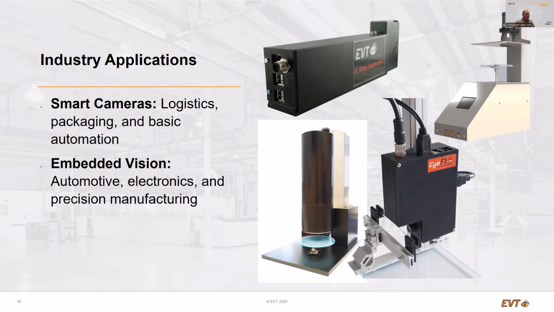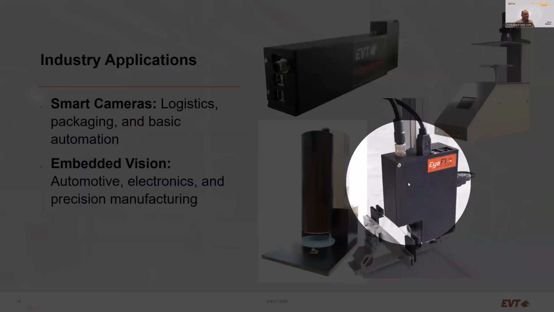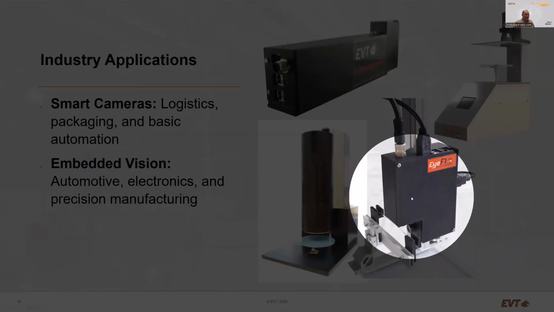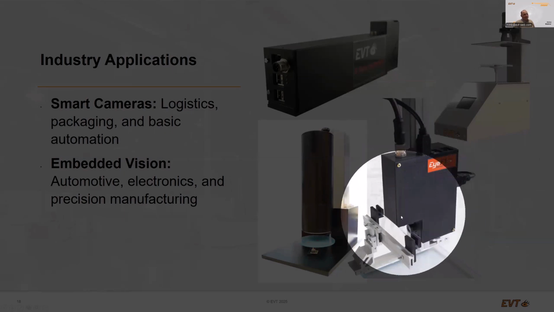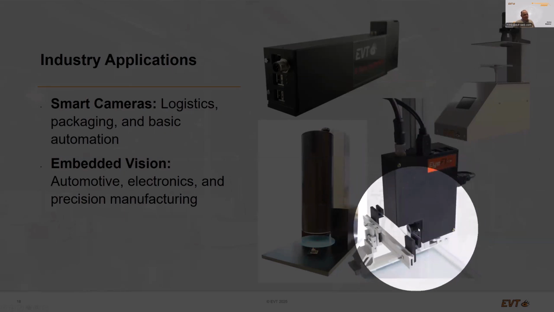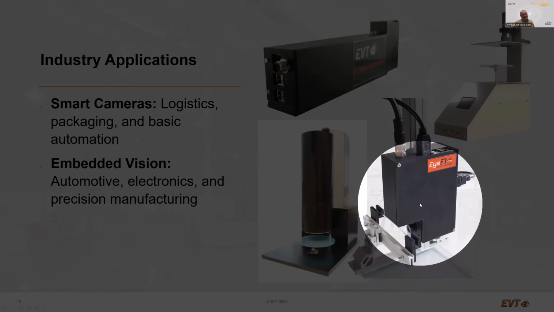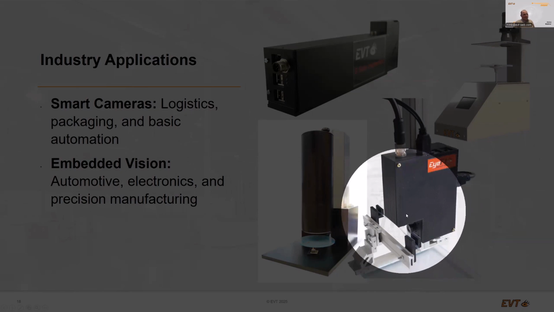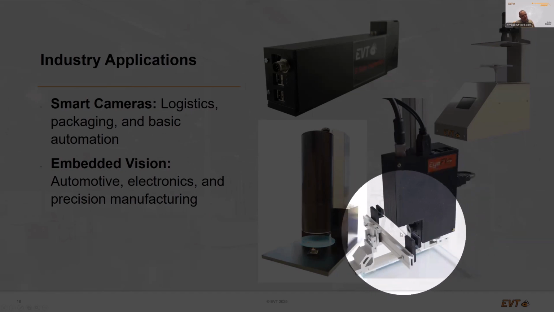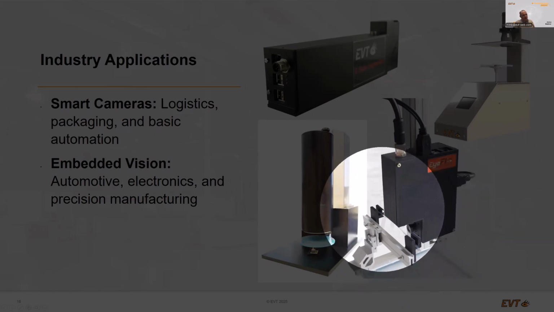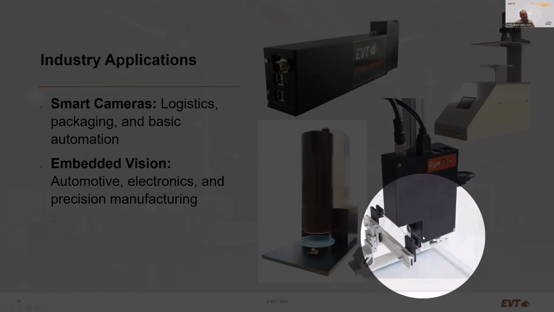And here we have another smart camera. This is a dual head smart embedded system. So we cannot see it. We have two cameras. We have one here and one here. And we have here the filament. Normally, the filament runs through the system.